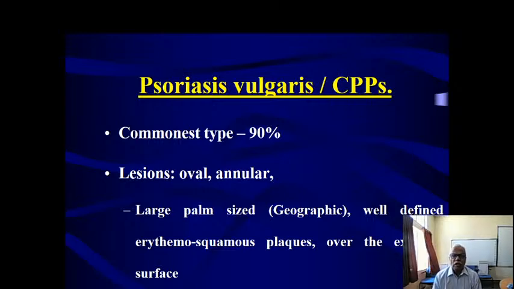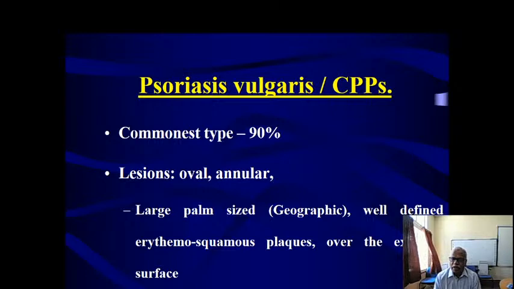Psoriasis vulgaris is the commonest type, more than 90% of the psoriatic cases are due to this chronic plaque psoriasis. And here the lesions are oval or annular, as large as a palm, and they are very well defined.